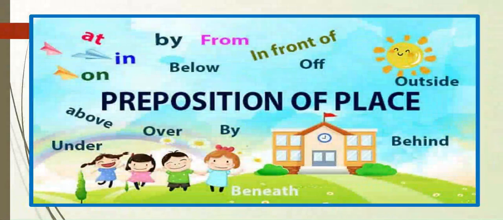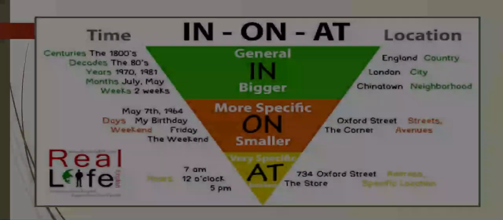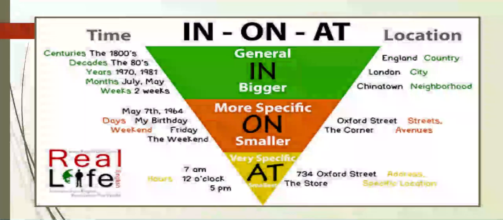They answer the question where. On, at, in are also the most common prepositions that indicate position. Now, here again is a flow chart given for better clarity of the concept. Please pause and go through it.